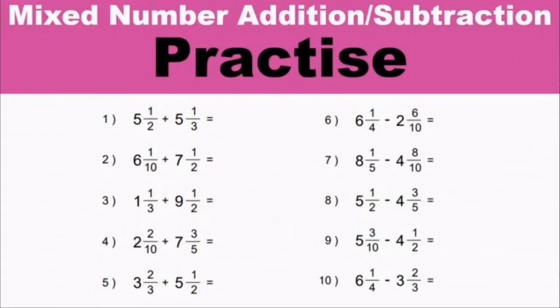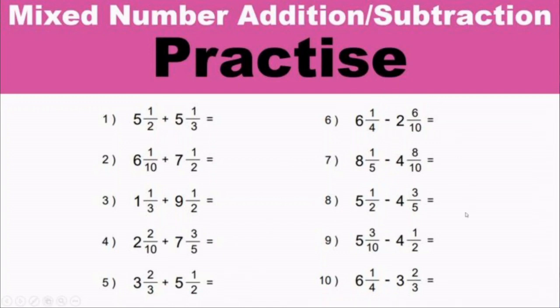So go ahead, hit pause, and copy down all of these questions. Look at them carefully and check, do I need to convert to top-heavy before I perform the calculation? For questions 1 to 5, I hope you're automatically seeing this. I'm adding these mixed numbers. They will never end up with a negative fractional part, so I can go ahead and add them without converting to top-heavy.